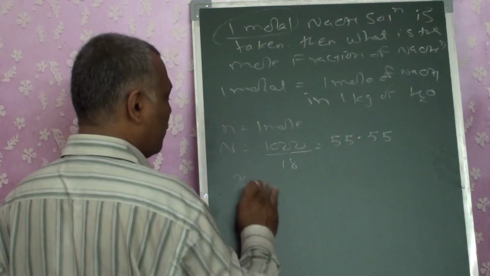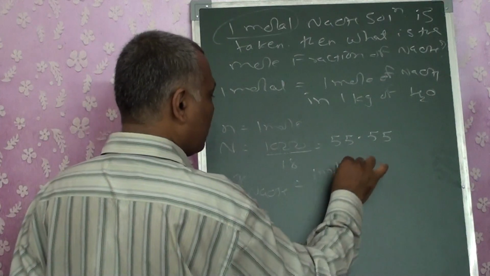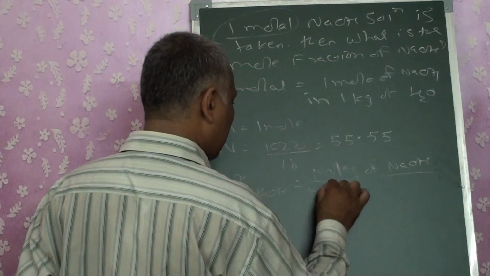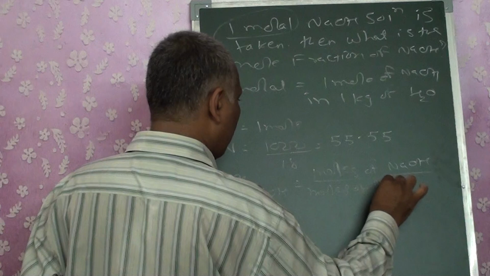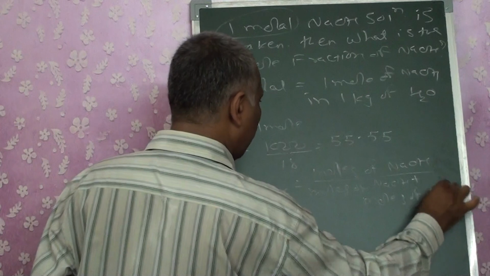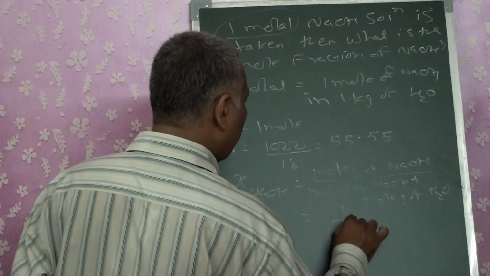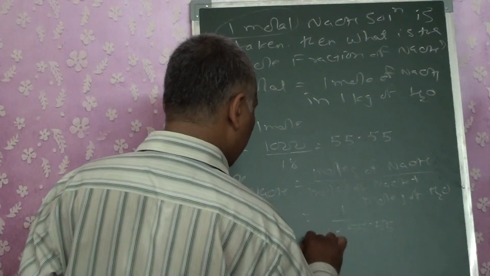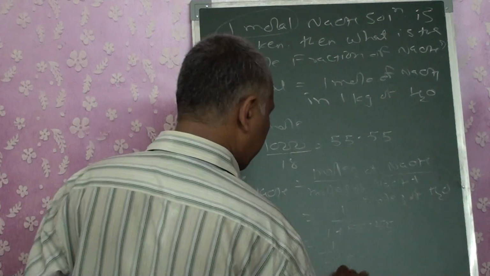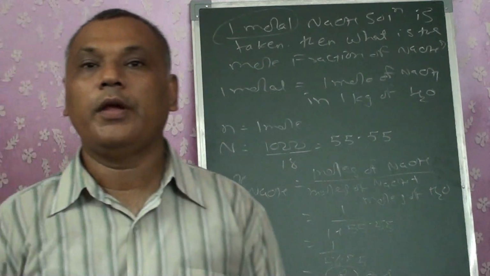Now mole fraction of NaOH, that means moles of NaOH upon moles of NaOH plus moles of H2O. So moles of NaOH is 1 plus 55.55, that means 1 upon 56.55. That will give us the answer, that is the mole fraction of NaOH.